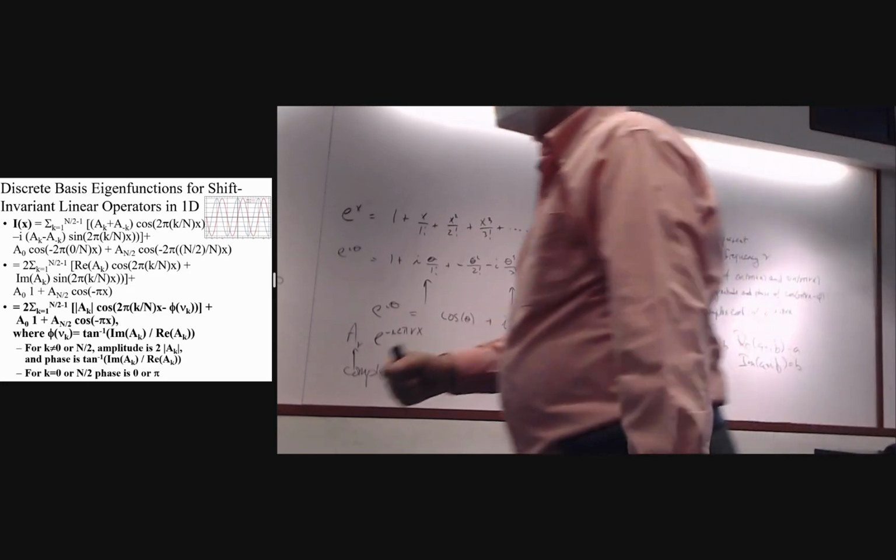And the complex coefficients are related to the magnitude and phase coefficients by this relationship. You get twice the magnitude of the complex coefficient as the magnitude term, and you get a phase that is the tan inverse of this ratio.